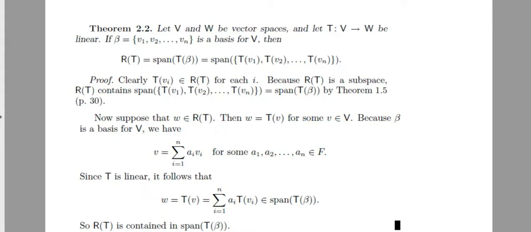Then W is of the form T applied to V for some V in V. Now because beta is a basis for V, we can express this V in terms of elements of beta. So we get V is equal to summation AiVi for some scalars Ai in field F. Since T is linear, we get W is equal to T of V is equal to summation i equal to 1 to n Ai times T of Vi, which belongs to span of T of beta. So this space R(T) is contained in span of T of beta. Therefore, range space of T is equal to span of T of beta.